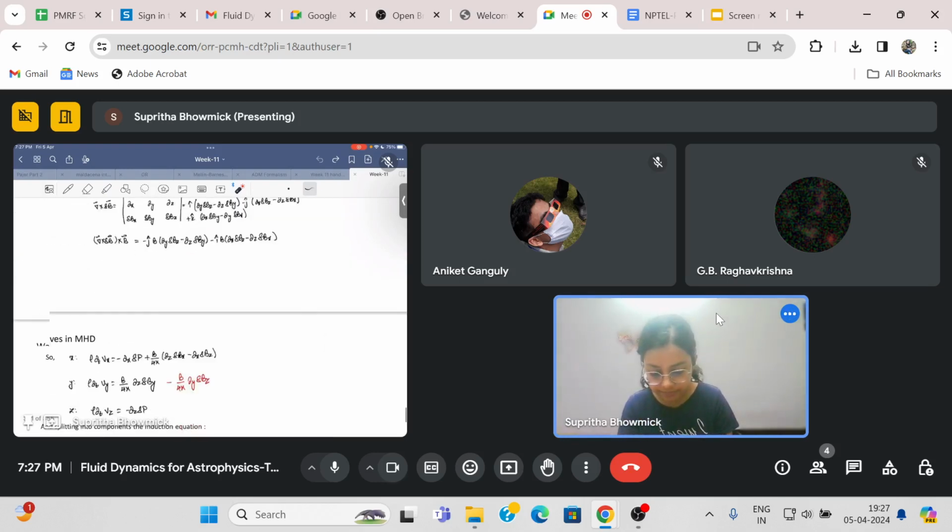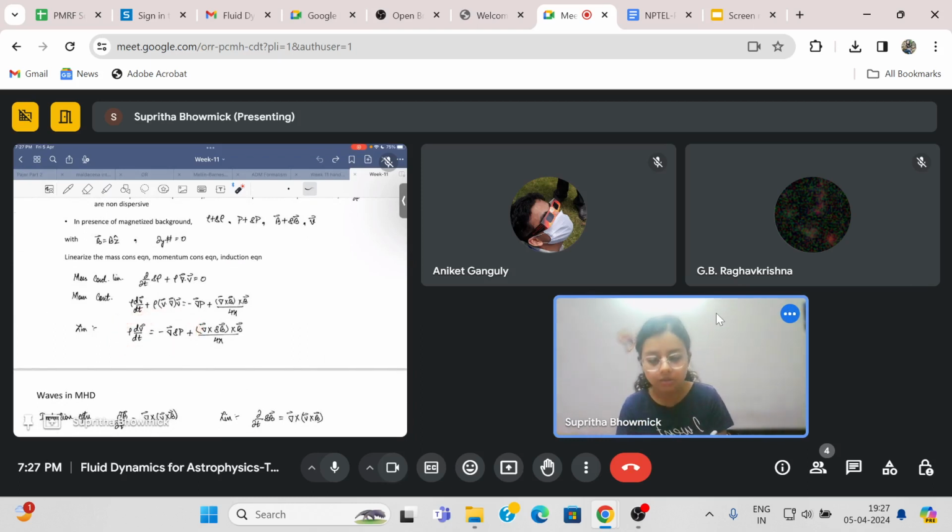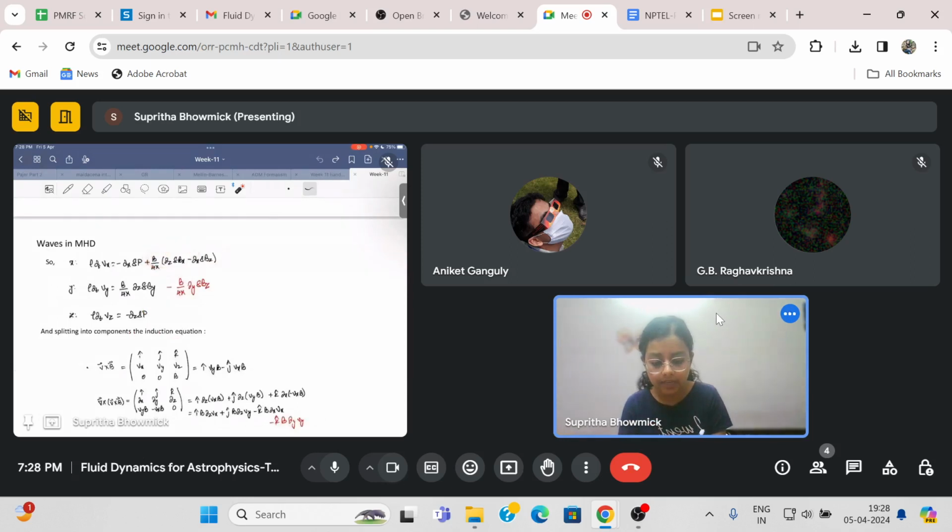Okay, so splitting this equation in XYZ components, because now you have the X and Y components of this, what do you get? The X component will be rho times ∂/∂t of Vx minus the X component of the gradient of the pressure perturbation, which is this, equals the i cap component of delta B cross B. Similarly, the Y component, where notice that I have kept the Y derivative.